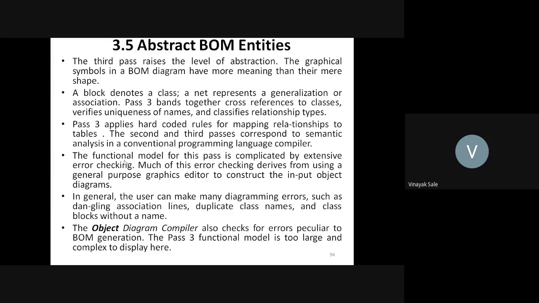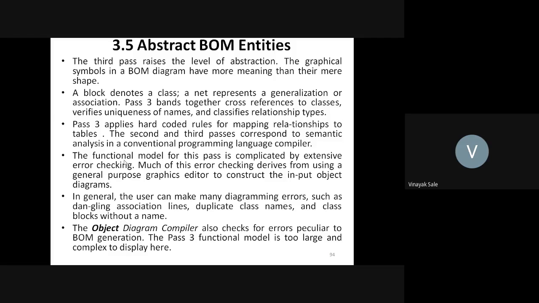Pass three binds together cross references to classes, verifies uniqueness of names, and classifies relationship types. Pass 3 applies hard-coded rules for mapping relationships to tables. The second and third passes correspond to the semantic analysis in a conventional programming language compiler.